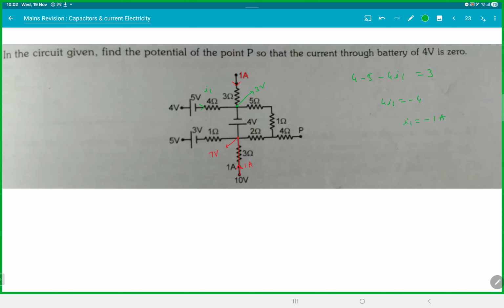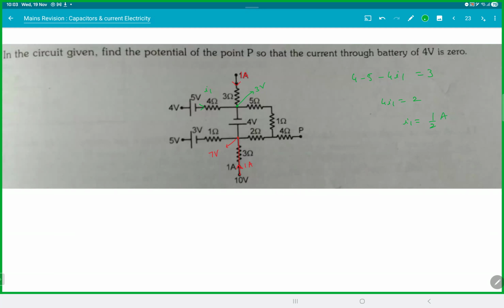So current is actually going 1 ampere in that direction. 4 minus 5 minus 4i1 must be 3. So that will be, no, wait, that is not minus 4. What did I do? That is 4i1. 3 comes this side. 7 minus 4, 2. i1 is equal to half ampere.